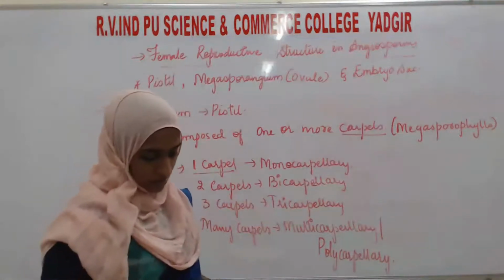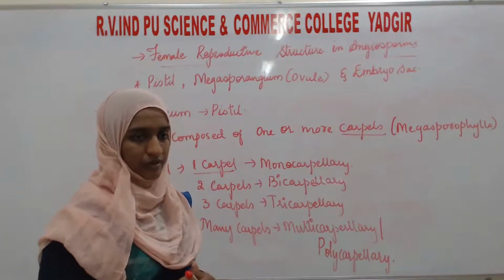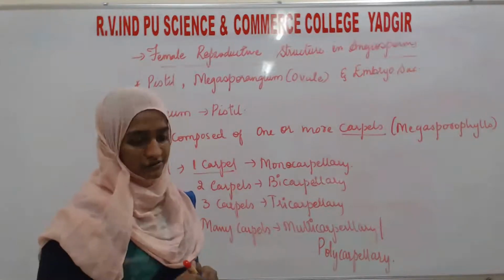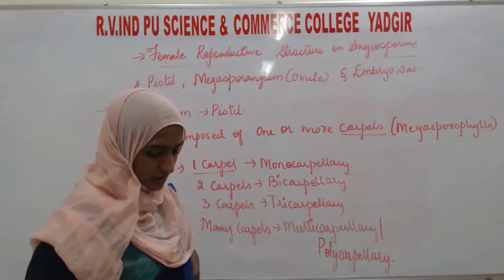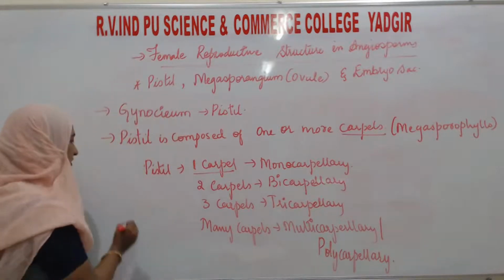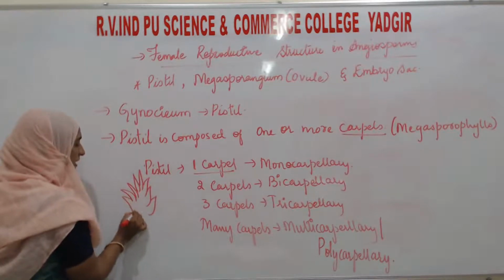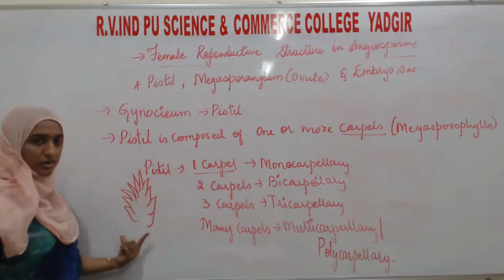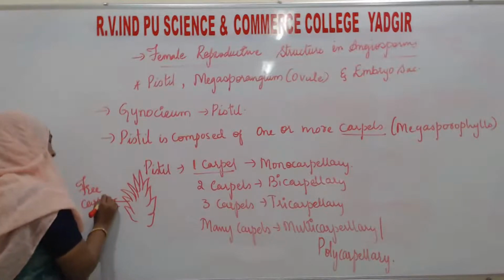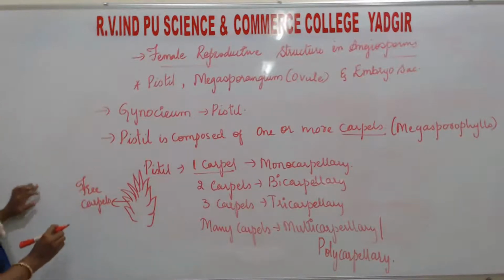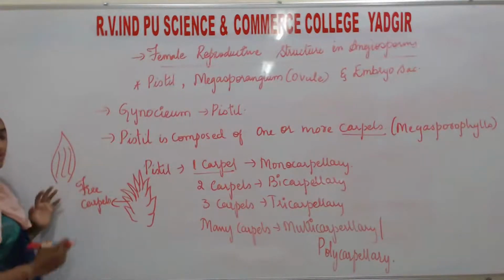Each carpel or pistil has three parts. Before going to that, I want to say that some carpels are free carpels, arranged freely like this. In some flowers the carpels are fused; all the carpels are present in a fused form.